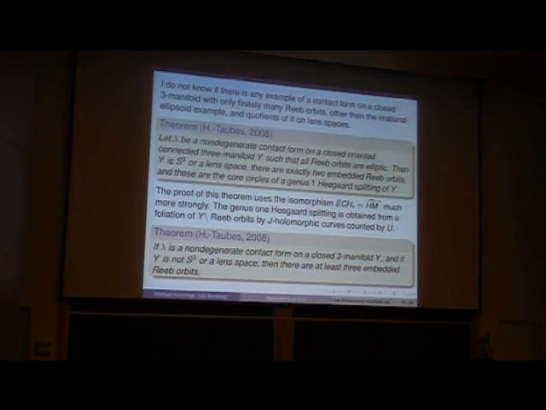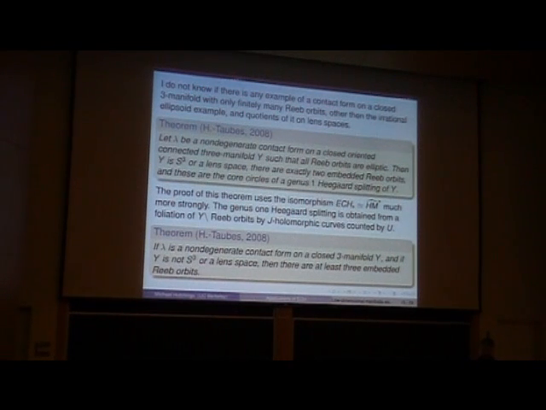In particular, where the genus 1 Heegaard splitting comes from is from a foliation of Y minus the 2 Reeb orbits by holomorphic curves, right? The projections of holomorphic curves to Y. And these holomorphic curves come from the curves that the U map is counting. So the non-triviality of the U map plays an important role here.